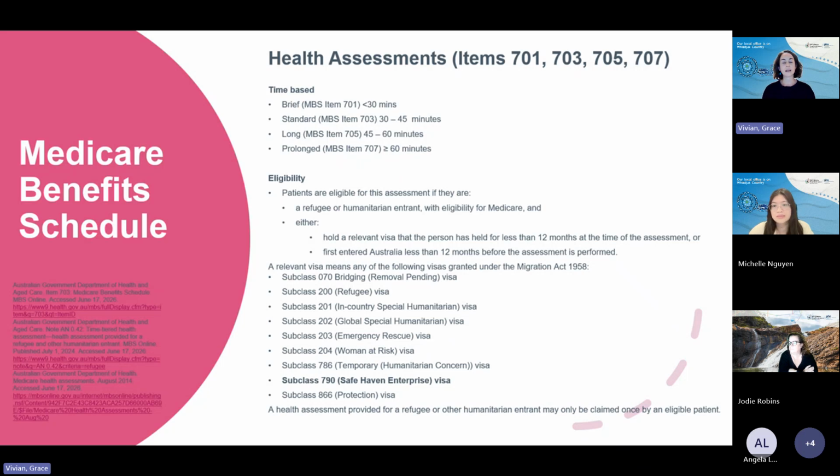So clients who see us may well and truly benefit from a review of that health assessment from their GP, so long as it's within that year, and the MBS item still remains open to be billed. So from a GP perspective, I think that's an important thing to note.